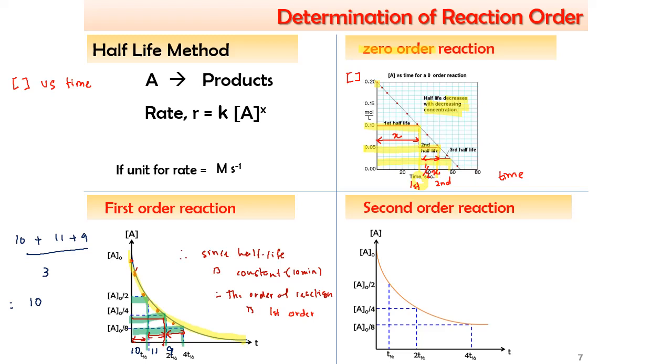So let's say in this case I got 10 minutes. Okay, so you can also assume that the Half-Life is almost constant for each of the first, second and third Half-Life. Therefore the order of reaction we can say that it is first order reaction.